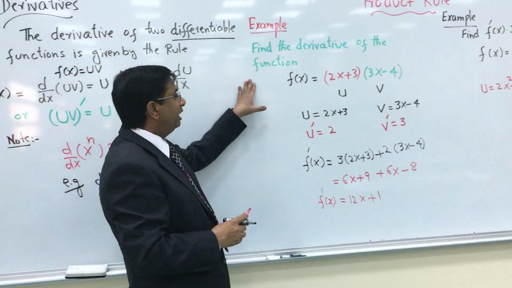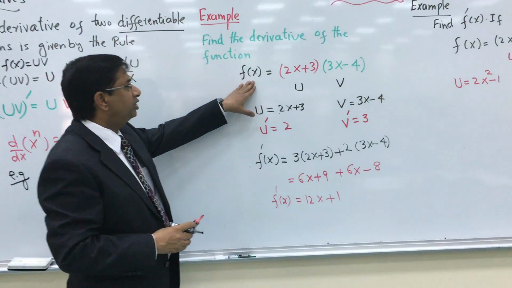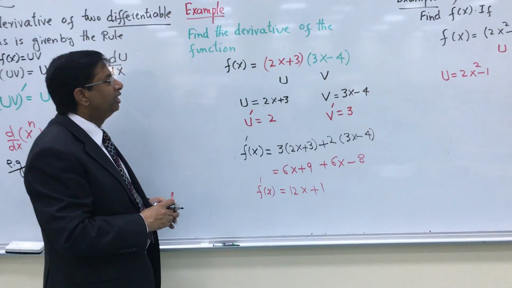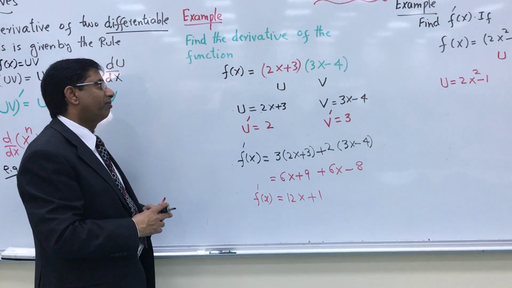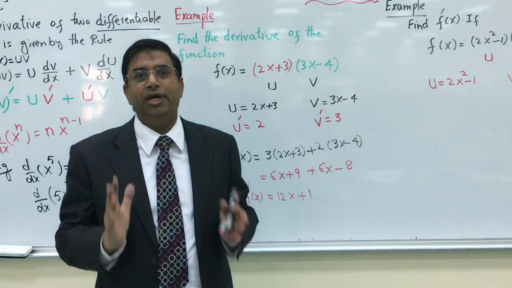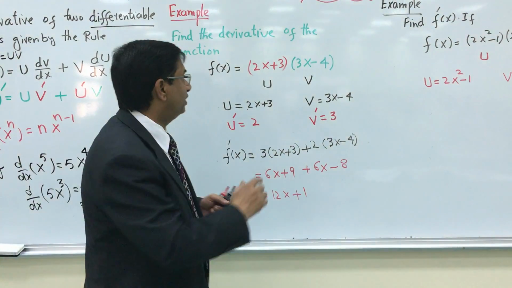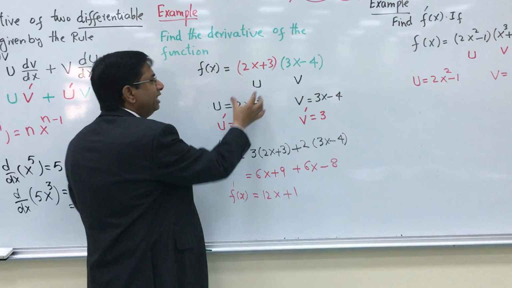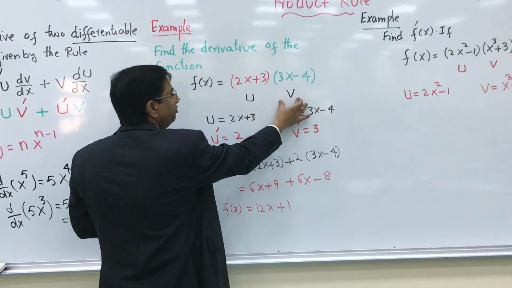So the first example we practice: the derivative of this function we have to calculate. f of x is (2x plus 3)(3x minus 4). You see, this is the product of two functions, just like u and v. The first one, 2x plus 3, is u, and 3x minus 4 is v.